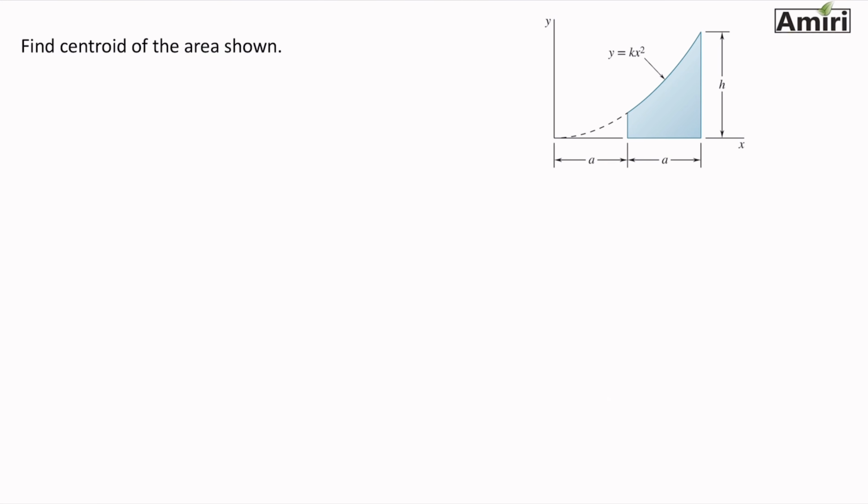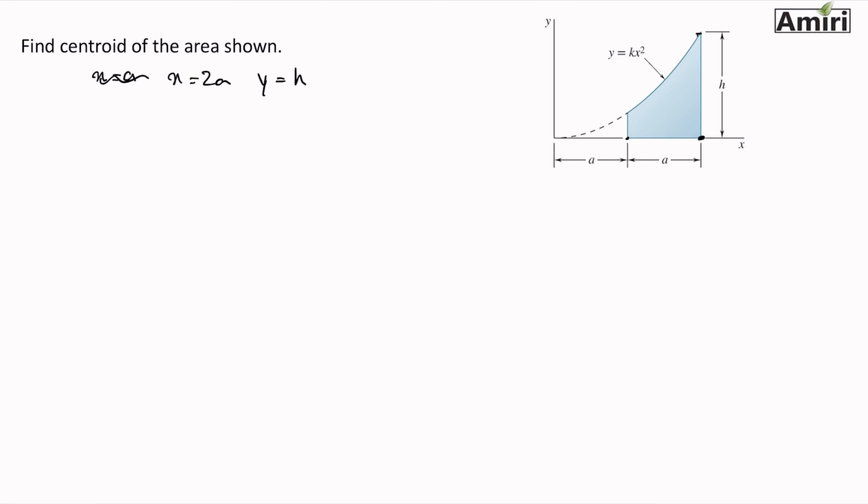So let's look at it quick. When x equals a, this point, y, well, we don't know what y is. So let's see. When x is equal to a, so this point, then we know y is h.